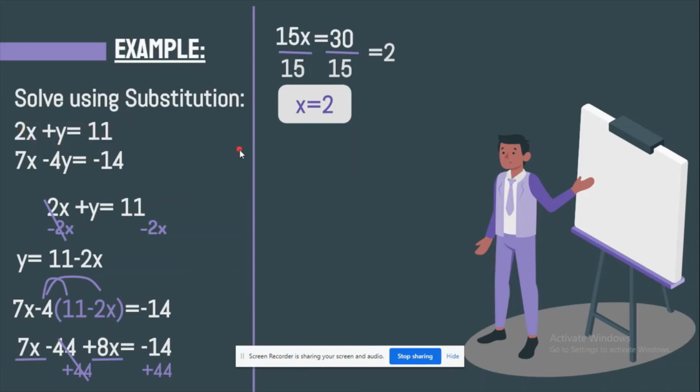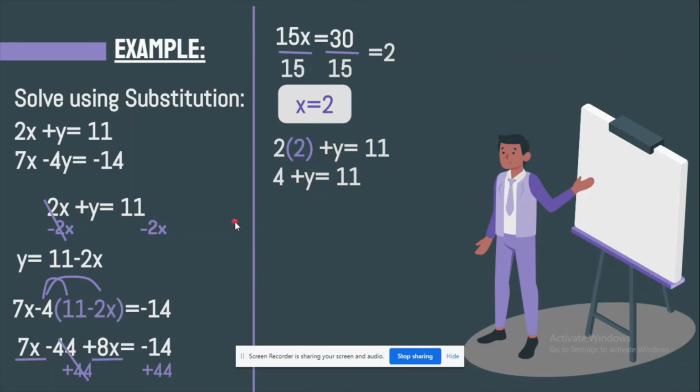The easier and simpler the equation is, the faster you'll solve the whole substitution method. So you're just going to plug number 2 here. So it's going to be 2 times 2 plus y equals 11. So 2 times 2 is actually 4, and then you write down the rest of the equation normally. So 4 plus y equals 11.